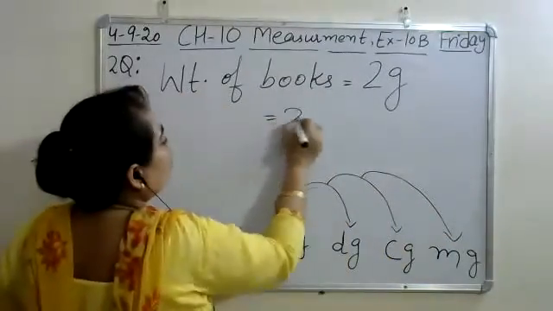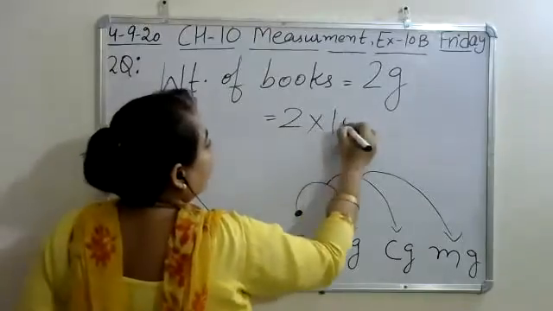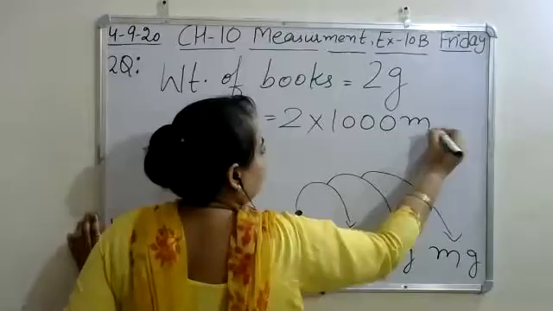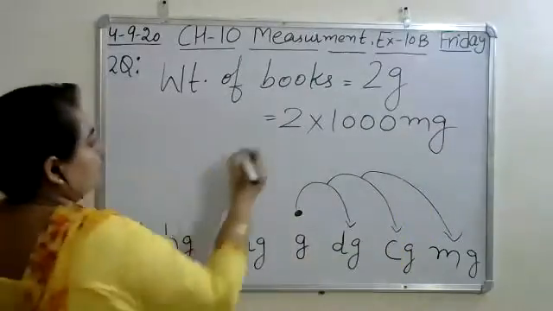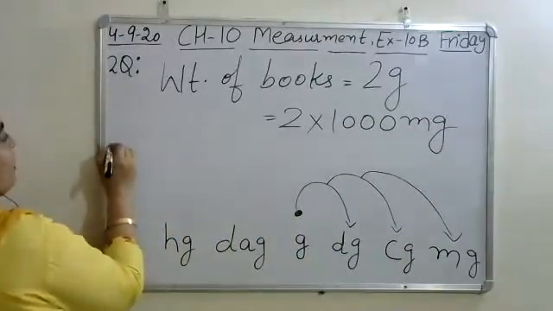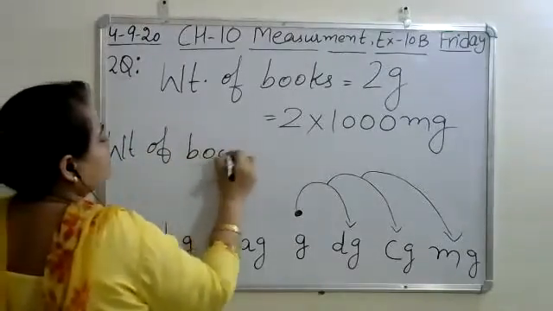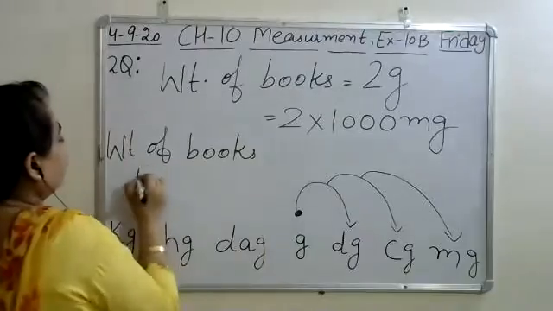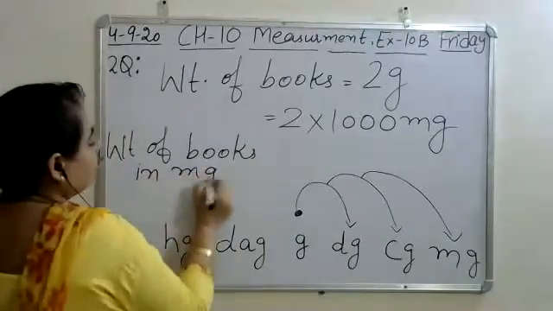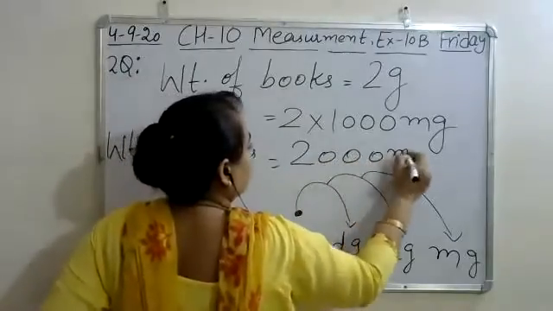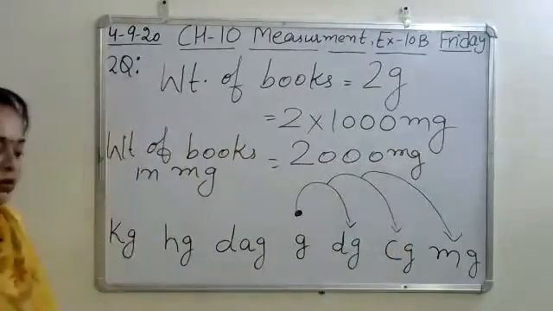So 2 multiplied by 1,000, and here you will write milligram. So in the result you will write weight of books in milligram is equal to 2000 milligram. Write down.